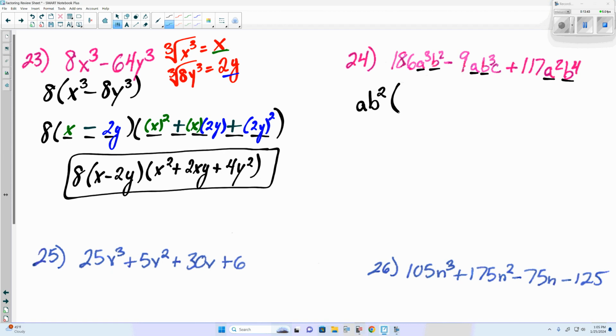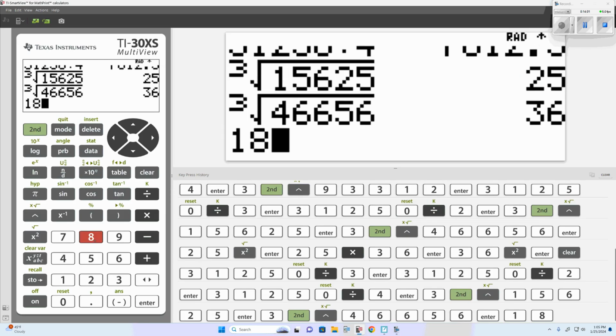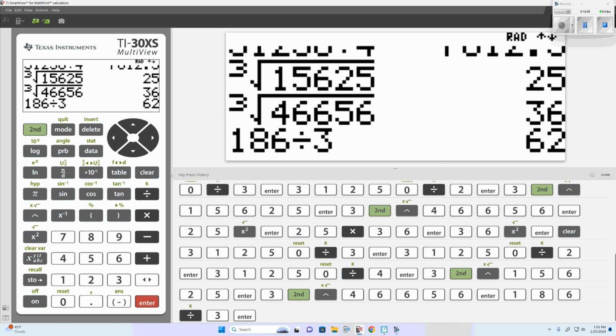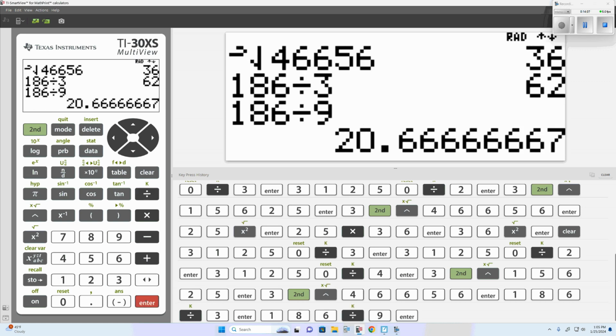Now we should look at 186, 9, and 117. If they're going to share a common factor, they would have to be the factors of 9. Well, the only factors of 9 are 1, 3, and 9. So I can take 186 and divide it by 3. And 186 divided by 9, 9's out.